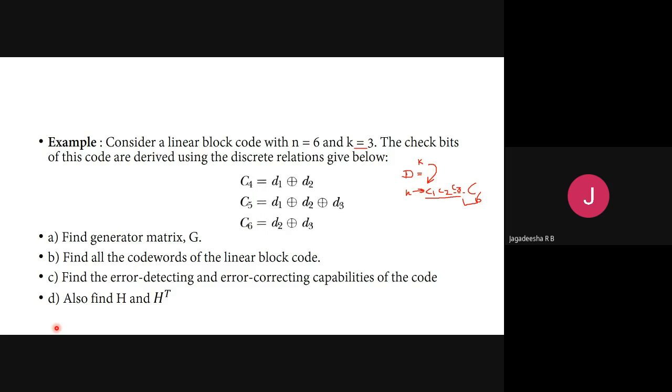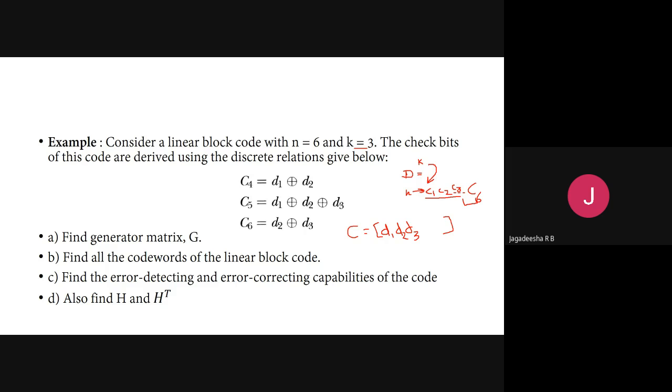So your code word should look something like this. Your code word matrix C will be a vector that consists of data bits D1, D2, D3, and then C4, C5, and finally C6. If you compare with the previous example, there the data was given as something like 101.